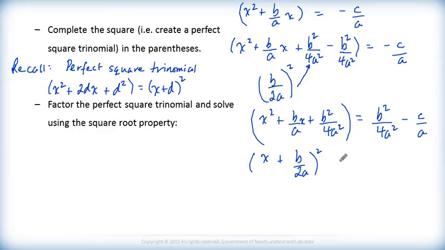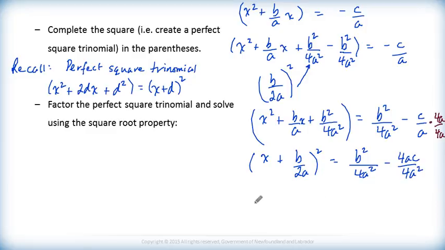So we've got x plus b over 2a squared equals b squared over 4a squared minus c over a. Now I'd like to have a common denominator right here. So the common denominator is 4a squared, which means I'm going to need to multiply that by 4a over 4a, which will give me 4ac over 4a squared.